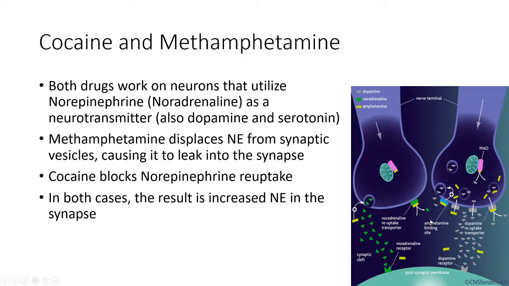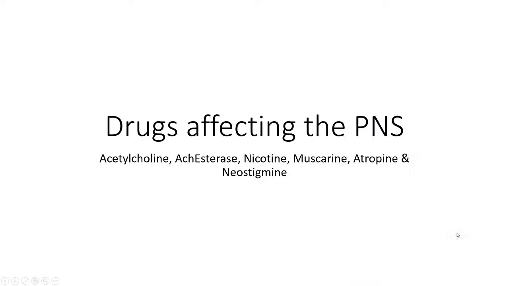Overstimulating the norepinephrine neurons, though, can also create paranoia, which is common with methamphetamine use. Methamphetamine use not only prevents reuptake, it also forces leak of the norepinephrine into the synapse. But in both cases, norepinephrine spends a greater amount of time, as well as dopamine and serotonin, in the synapse, so these secondary or postsynaptic neurons get stimulated for longer.